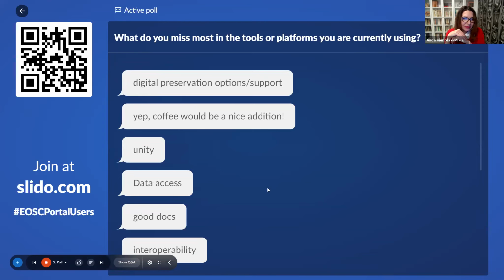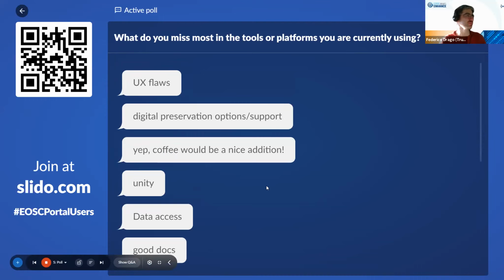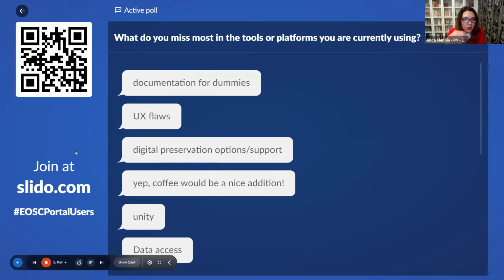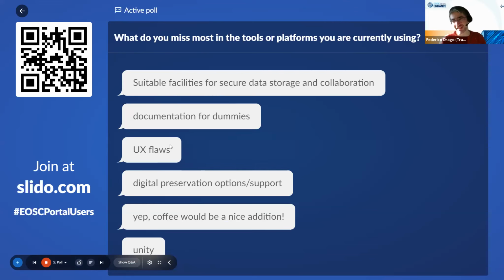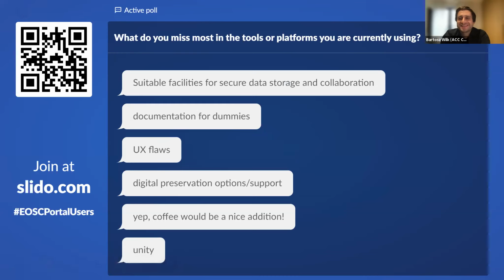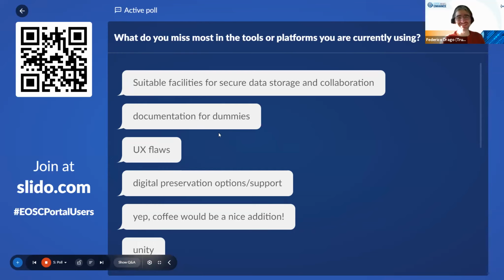There you go. Digital preservation options and support. User experience, yeah, and Bartosz here. Do you miss these UX flows? No, I guess they mean flawless UX. Documentation for dummies. So training, learning. Yeah.